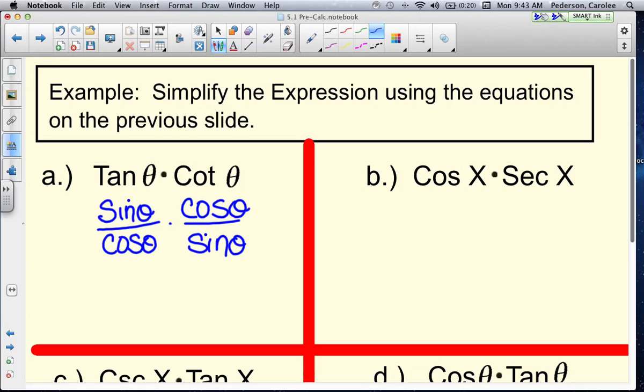So now I have two fractions multiplied together. What can I do to reduce it? Can I do any canceling? Yep, I can cancel this cosine of theta with that cosine of theta. I can cancel this sine of theta and this sine of theta. And what is my final answer then? 1.